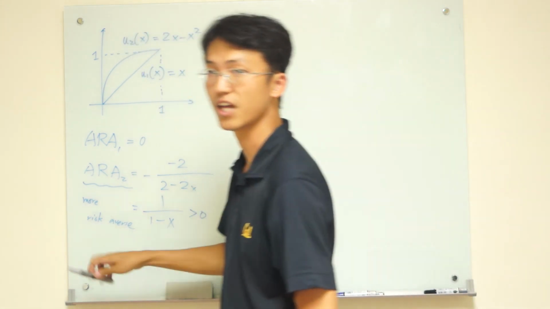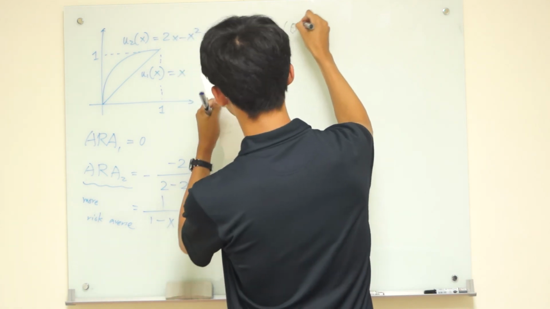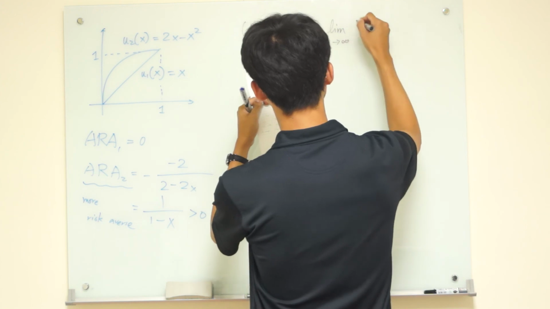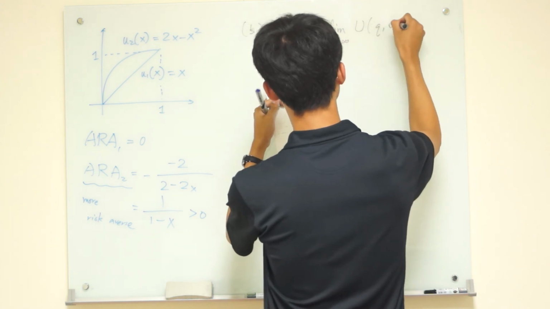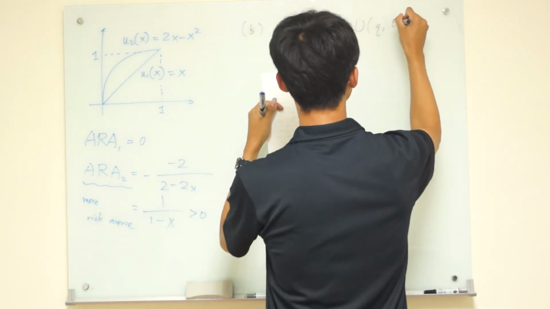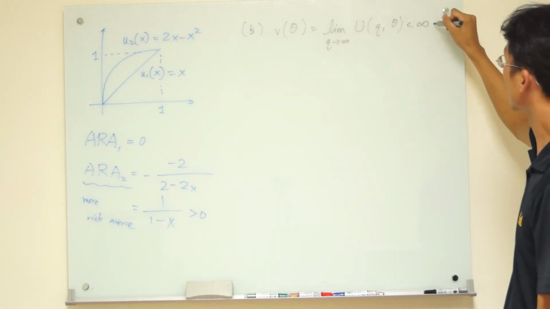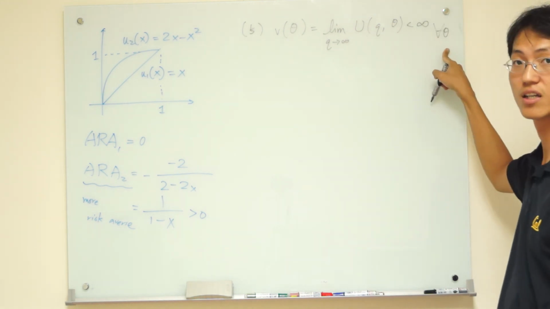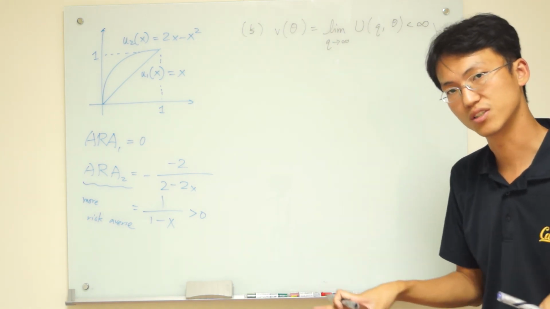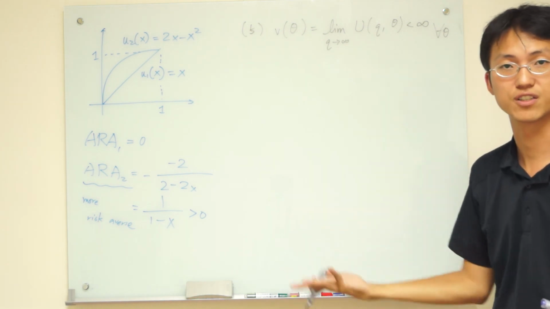Our last assumption is actually easier than the third and the fourth. It simply says that no matter what your type, if you consume infinitely many units, your utility is not going to be infinity.